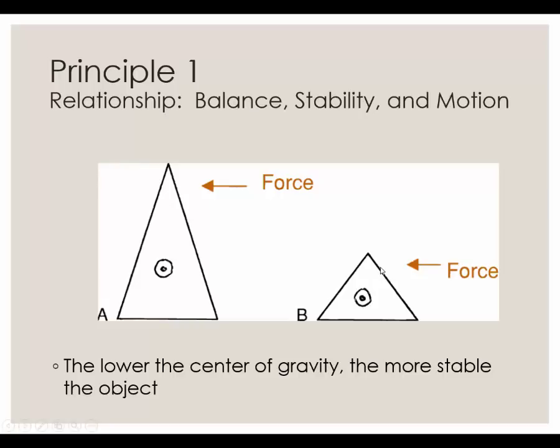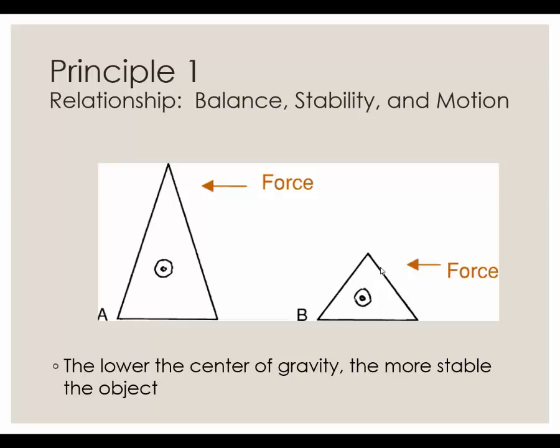A couple of principles that we need to discuss when we go through base of support and balance and everything else. Principle 1, balance, stability, and motion. The lower the center of gravity, the more stable the object. So if you were to think about that from the perspective of, let's see, how about a child and an adult?